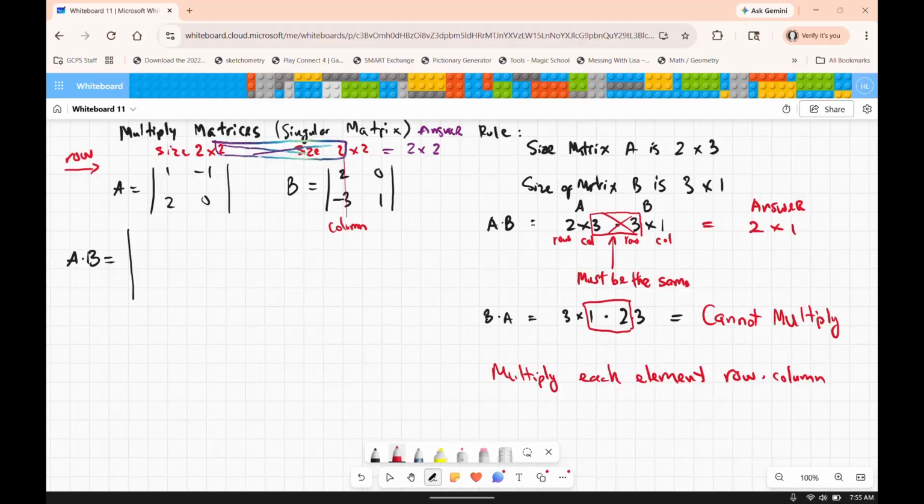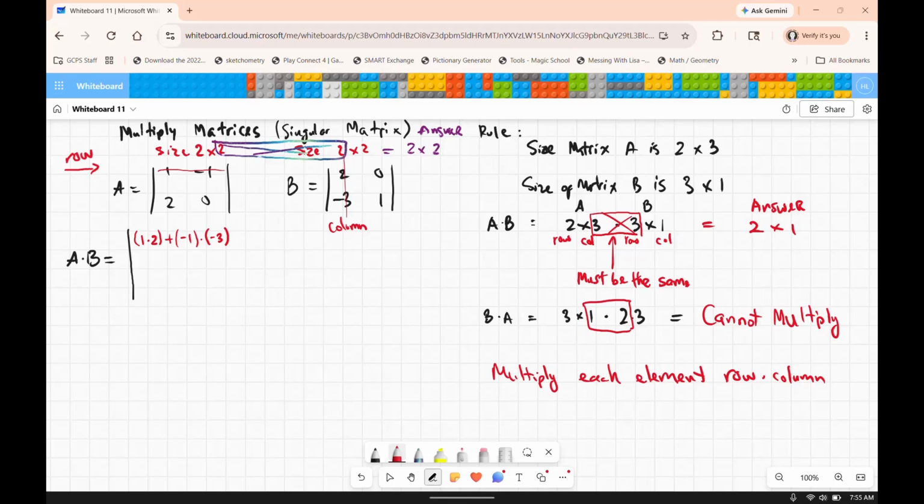We're going to multiply 1 times 2. Be careful now. Then plus -1 times -3. I have said it many times that you need to keep the negative number in brackets. I multiplied this row with the first column.